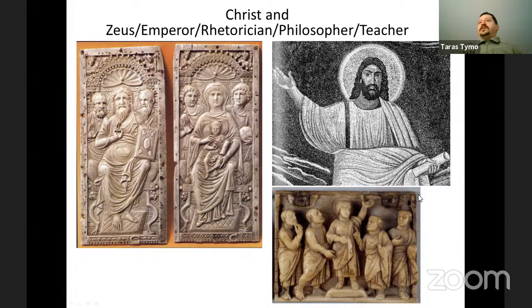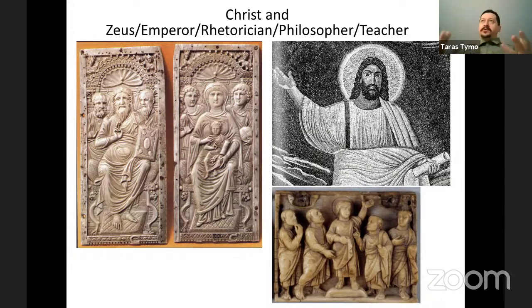Here is a representation of Jesus, again, with this austere look of face, but in a gesture that recalls a rhetorician or a teacher of rhetoric or philosophy, and he's also holding a scroll. That was something the heralds often did.